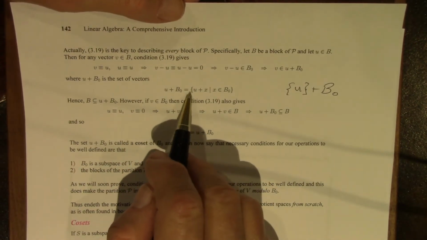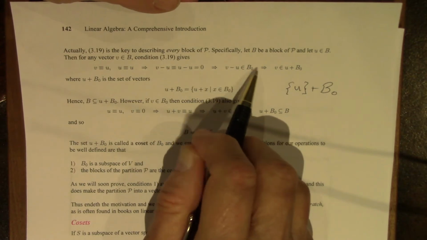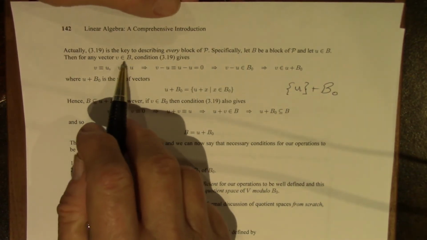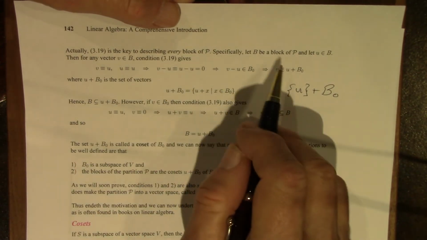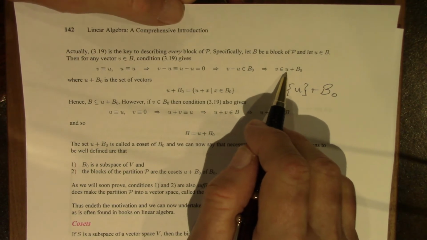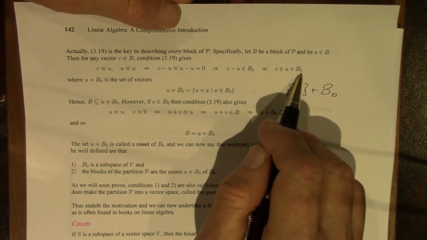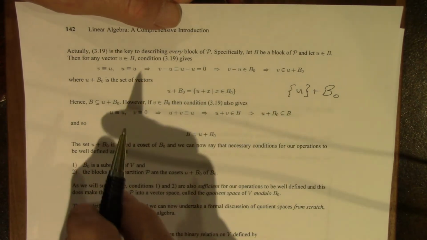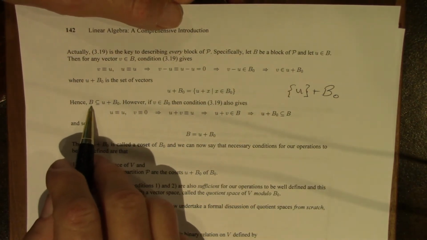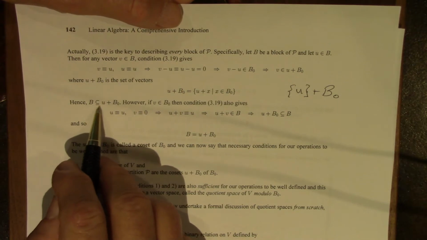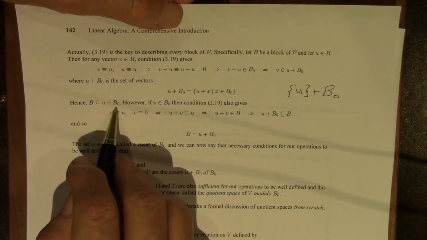So what this computation tells us is that if v belongs to B, then it also belongs to this set, u plus B naught, which means the block B is contained in u plus B naught.